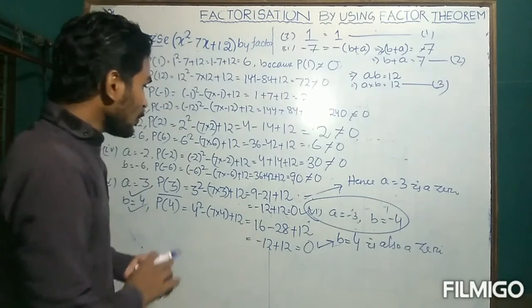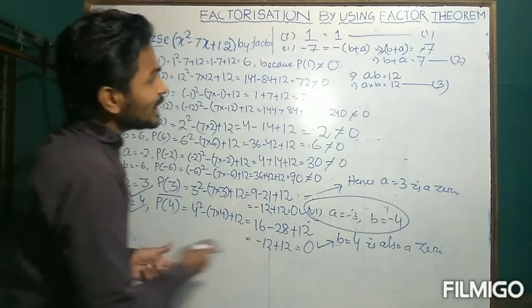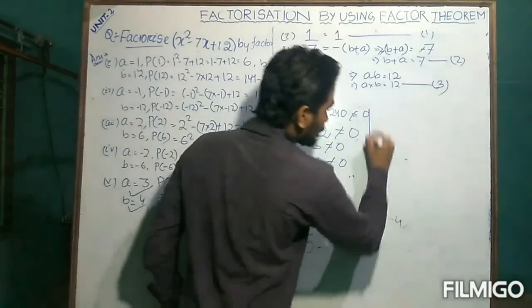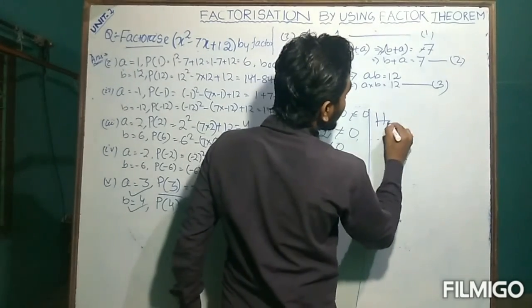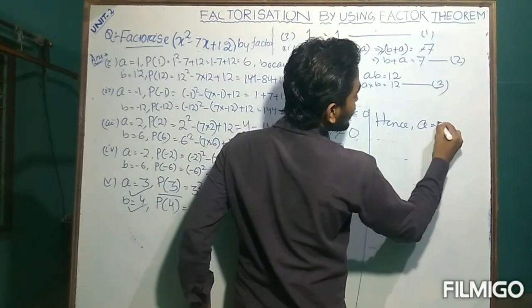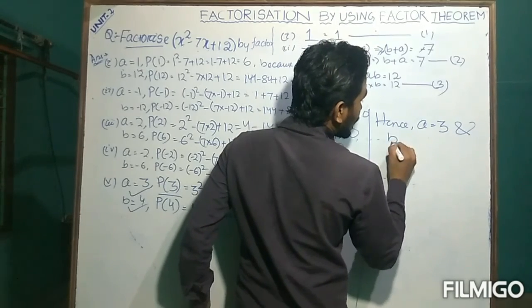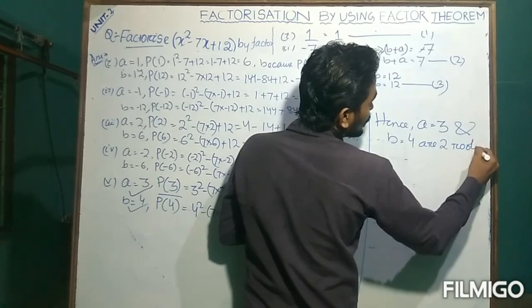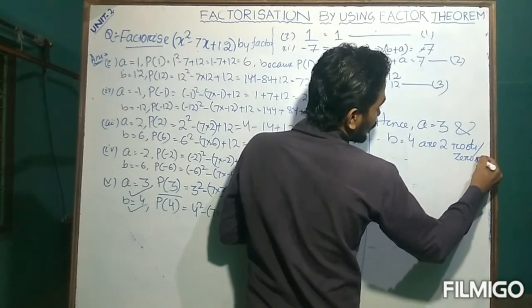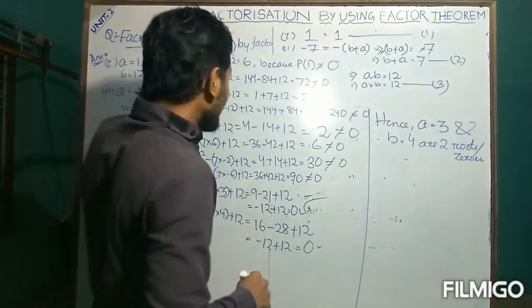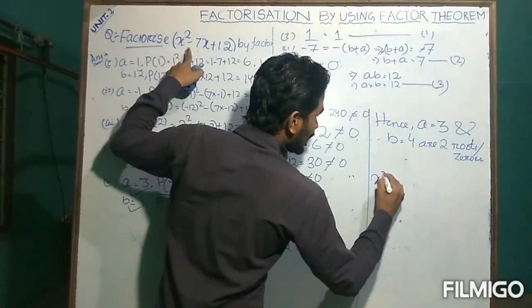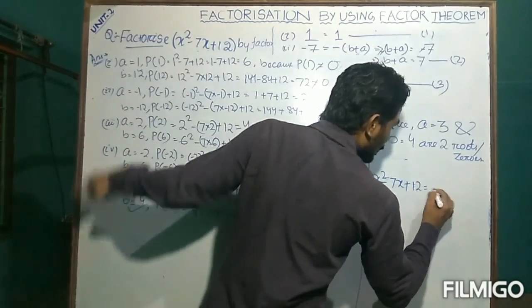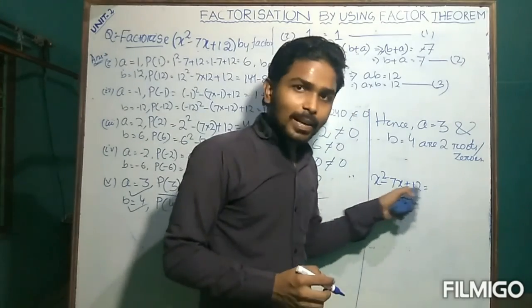So now finally we conclude that a is equal to 3 and b is equal to 4 are the two roots. I am writing here. Hence what we get, a is equal to 3 and b is equal to 4 are two roots, or you can say two zeros here. And initially we have written, you can remind, x square minus 7x plus 12, this is the quadratic polynomial.